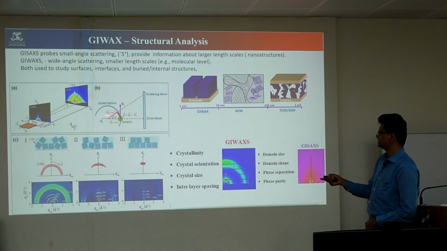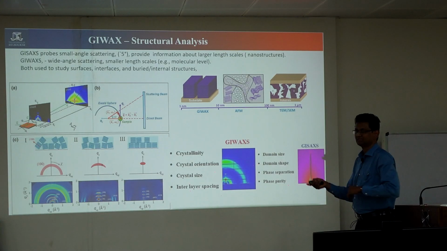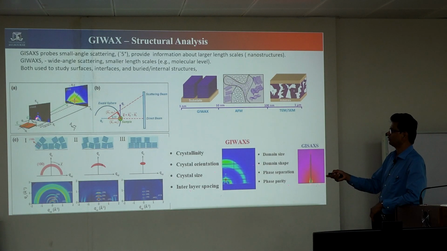Okay, this will give out a pattern like this. This is the incident radiation. Then this middle one is the direct beam. The scanning will be up and also sidewise. All these three-dimensional variations we are plotting in a 2D.